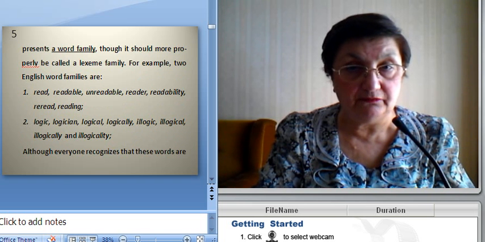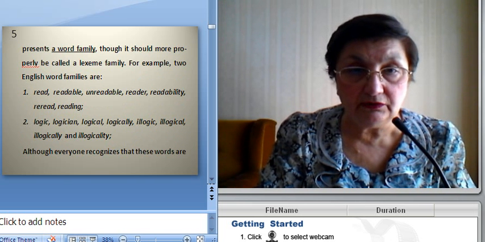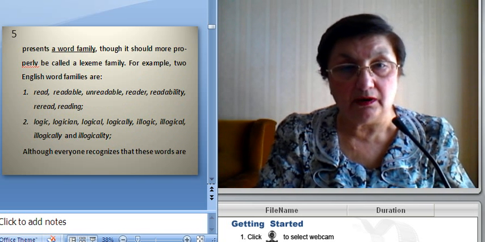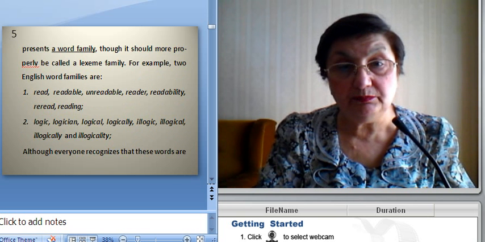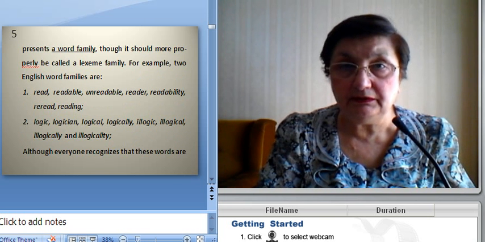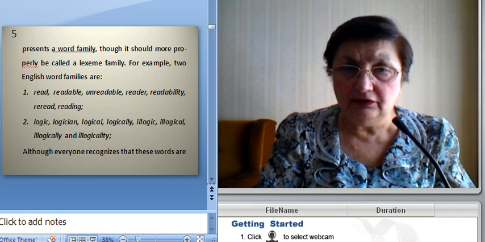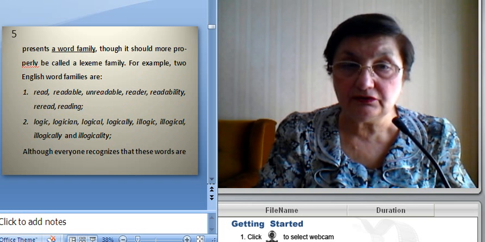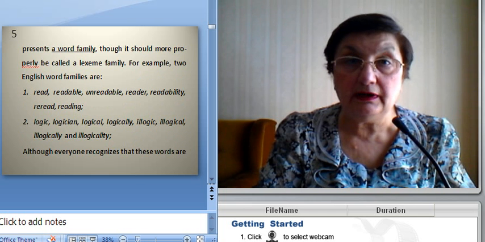For example, two English word families are read, readable, unreadable, reader, readability, reread, and reading, or logic, logician, logical, logically, illogic, illogical, illogically, and illogicality.